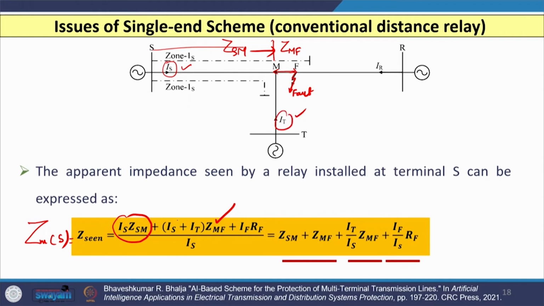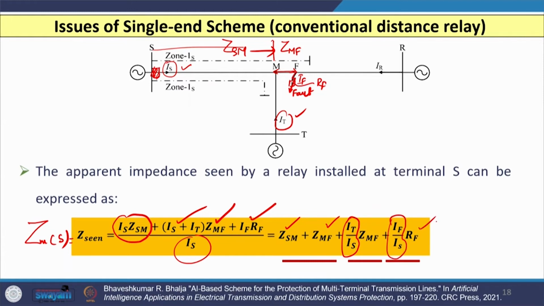So, the addition of IS and IT will be there, plus if IF is the fault current with fault resistance RF, then IF into RF is the third term, divided by IS, which is measured by the distance relay located at S. So, finally, you have the impedance from S to M, impedance from M to F, that is ZSM plus ZMF, plus if I separate it out, ZMF into the current ratio IT by IS, and then IF by IS into RF.